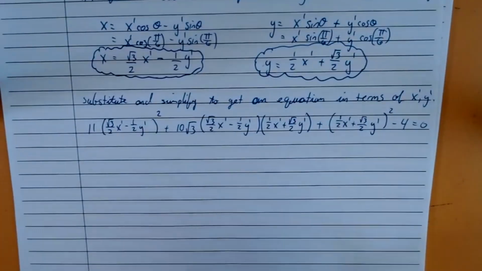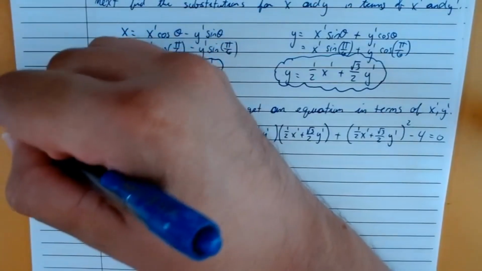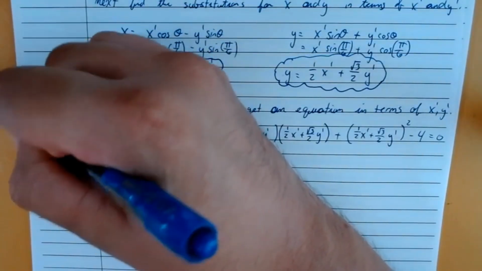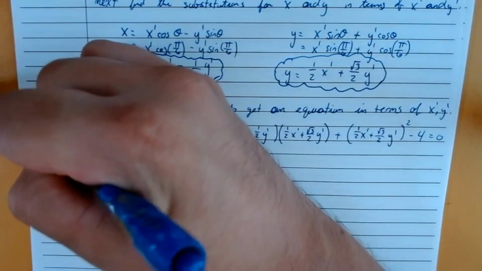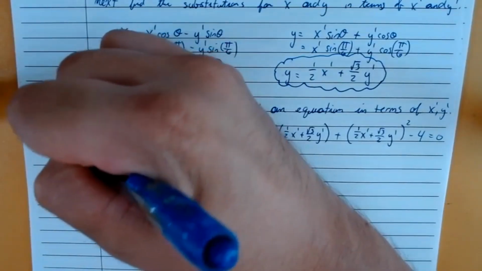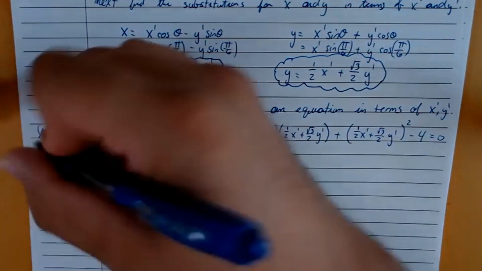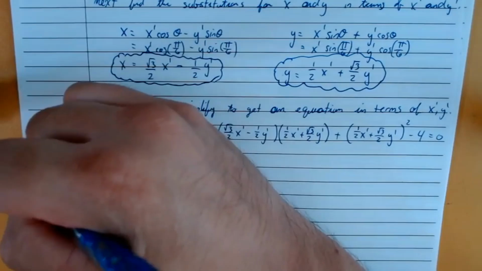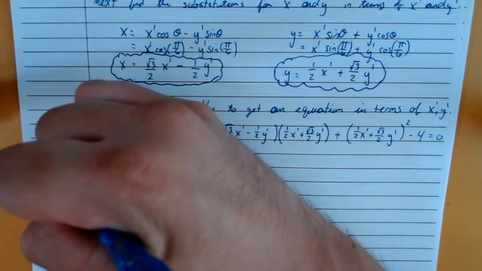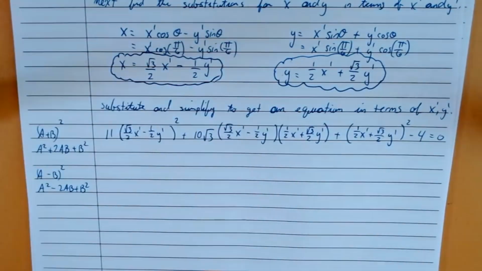And now we're going to simplify. Once again, remember that if you have a plus b squared, that's going to be a squared plus 2ab plus b squared. And if you have a minus b squared, that's going to be a squared minus 2ab plus b squared.